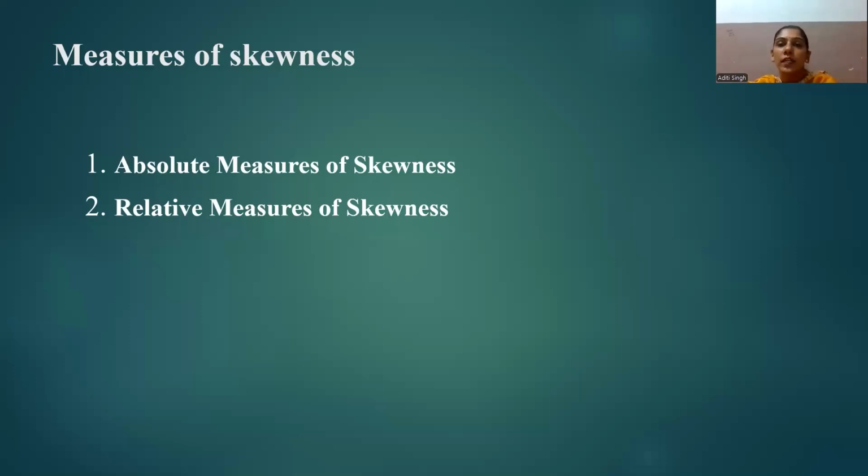So some statistical measures are required to find out the magnitude of asymmetry. Measuring skewness is important because sometimes it is very difficult to understand the skewness of data with the help of a graph.